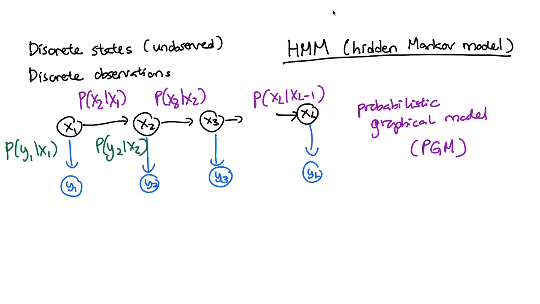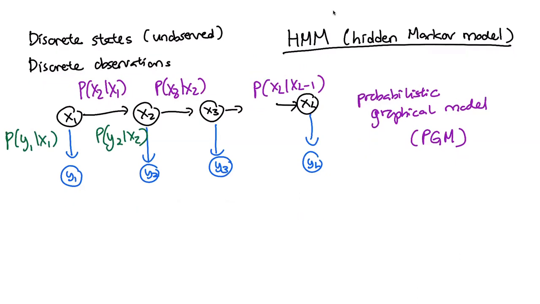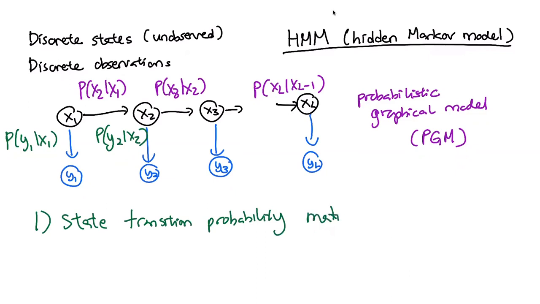So basically, in order for us to characterize a particular hidden Markov model, we have to tell them three things. So one is the state transition probability. So it is usually a matrix.